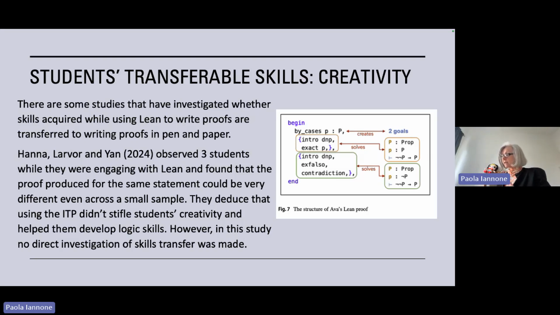However, in this study, they didn't really investigate whether the skills that they thought the students had developed through interaction with Lean transferred to a proof on pen and paper. So the idea of all these studies, the study by Hannah and her team, but also the study that my collaborator Athina Thoma and I have done, is to see whether using theorem provers is making students better at writing proofs in pen and paper.